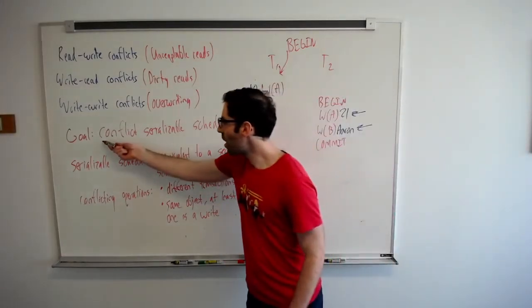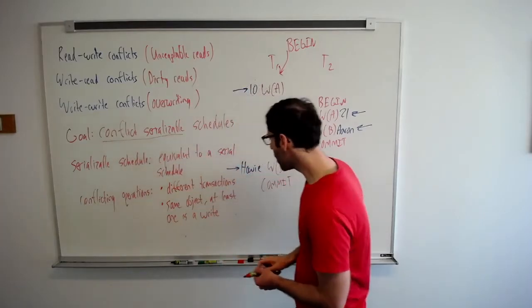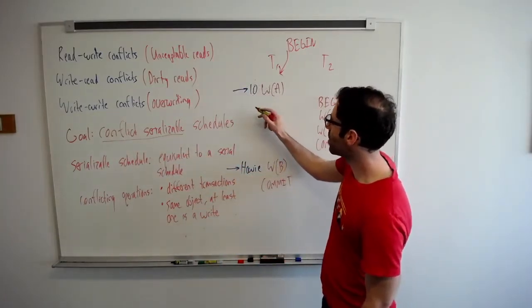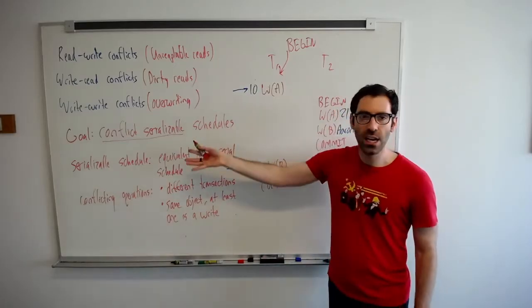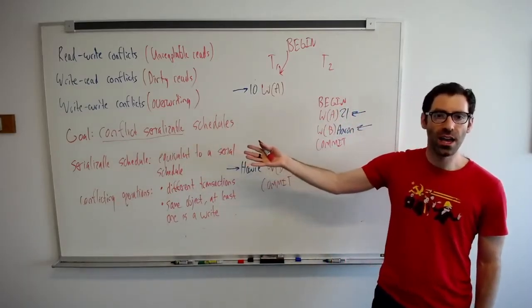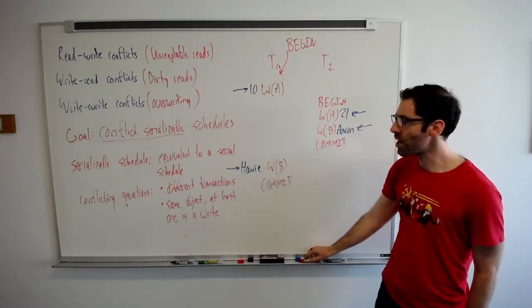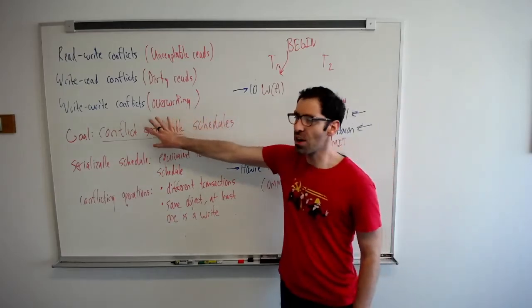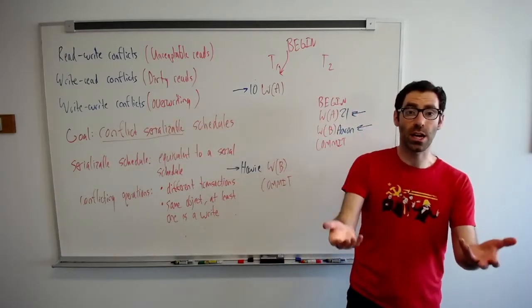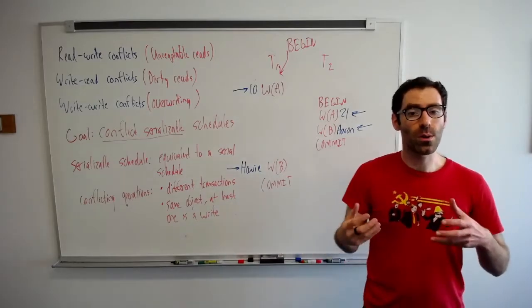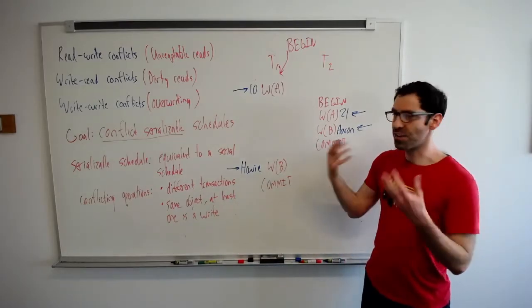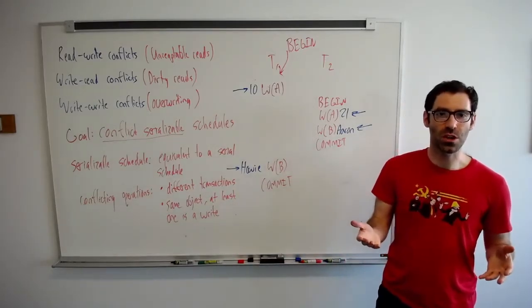This idea of conflict serializable is going to tell us how to check whether a schedule is correct or not. This idea is not going to tell us how to generate a correct schedule. How we will generate correct schedules is coming in our next two videos on concurrency control.